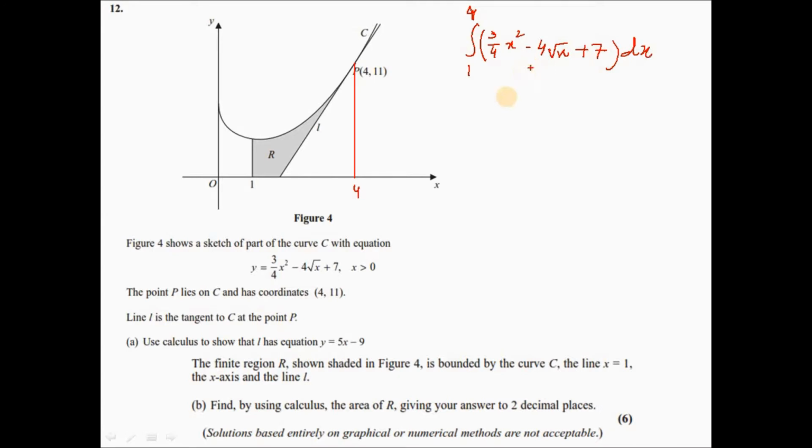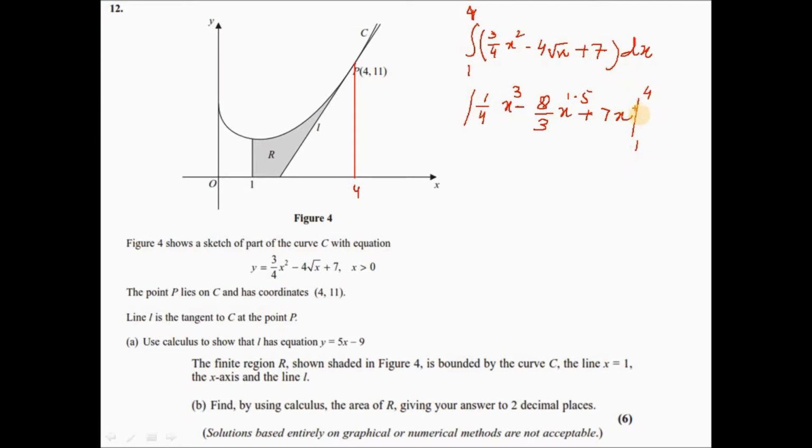If you integrate this, you would have 1/4 x cubed minus 8/3 x to the power 1.5 plus 7x. We don't write c because we have a definite integral. Instead of c, we write the limits 1 to 4.